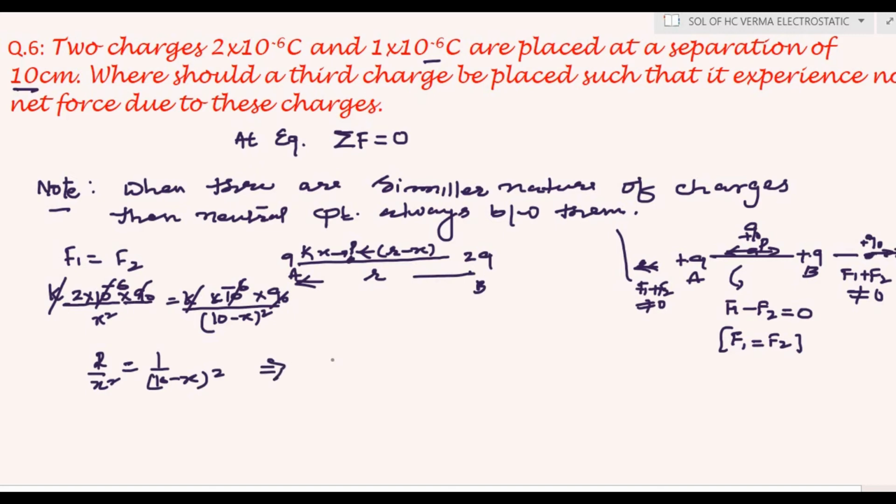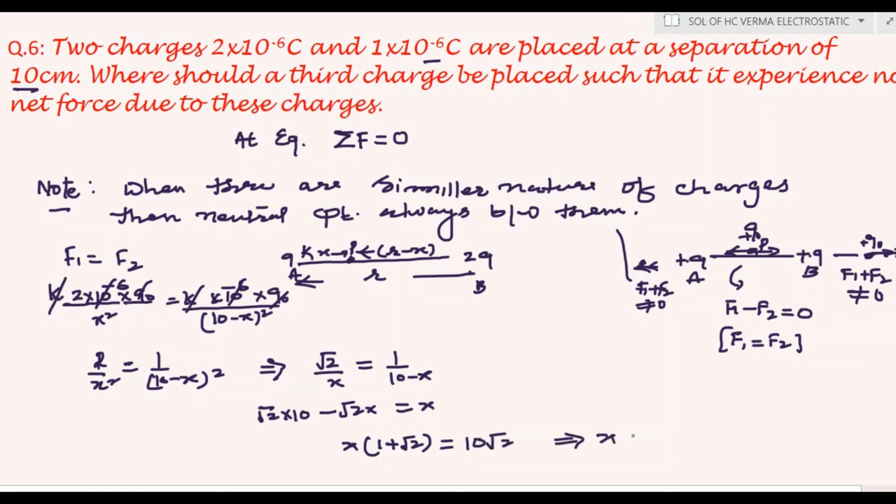Now further you have to simplify it. Taking square root on both sides, you will get root 2 upon X is equal to 1 upon 10 minus X. Now simplify it, you will get root 2 into 10 minus root 2 X is equal to X. Finally, you can take this root 2 X to this side, that will be 1 plus root 2 times X is equal to 10 root 2.